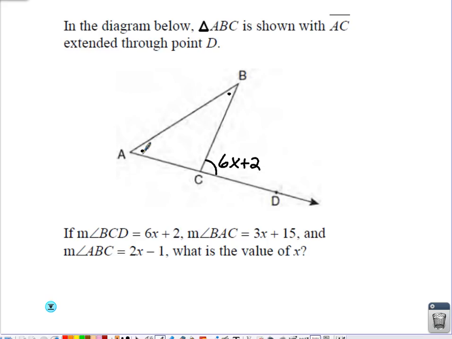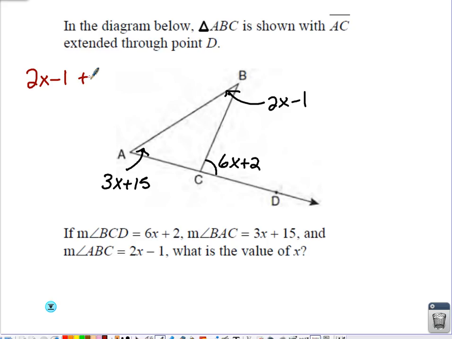BAC, which is this angle, is equal to 3x plus 15. And you have ABC, which is this angle, is equal to 2x minus 1. Reminder, the theorem states an exterior angle will always equal the sum of the two remote interior angles. So, Alex, write for me an equation.